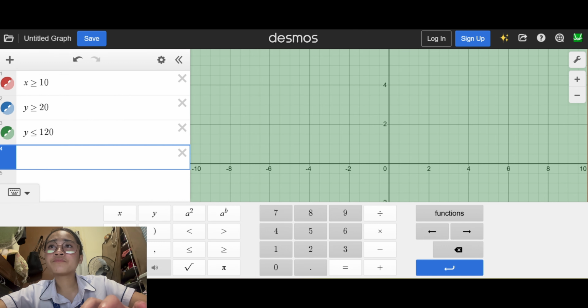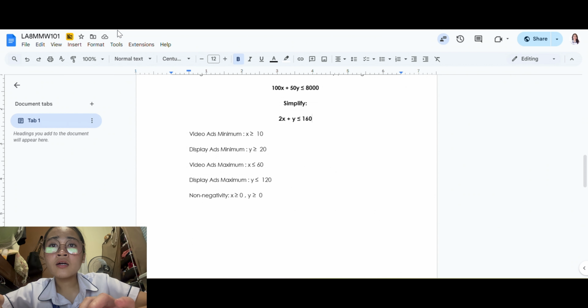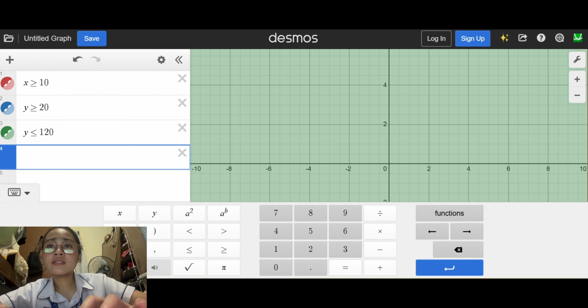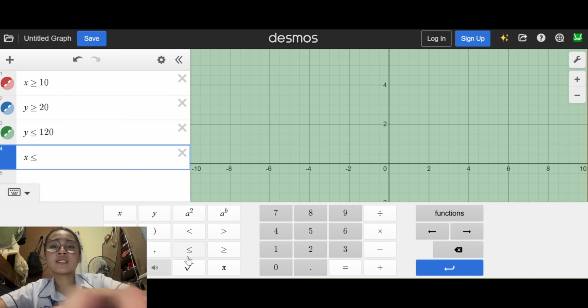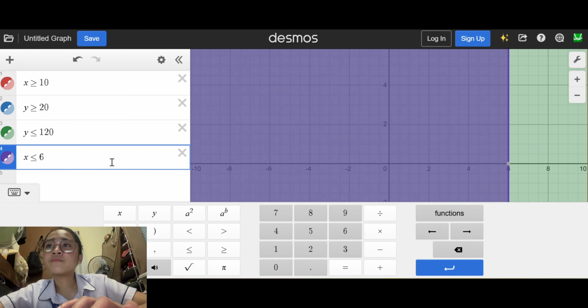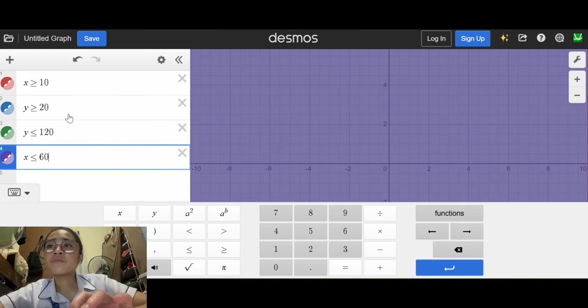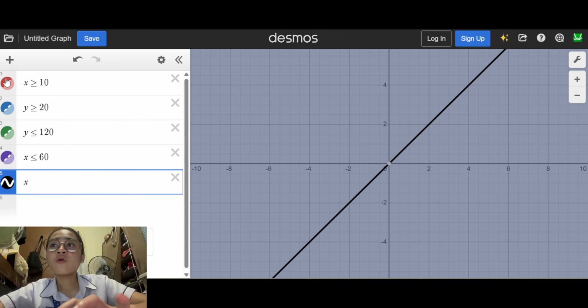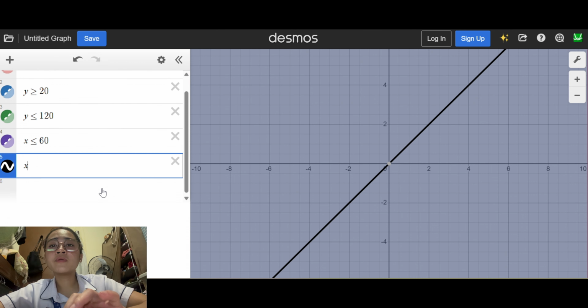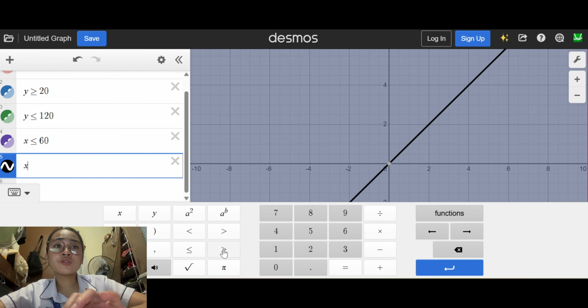while x is less than or equal to 60, where it should also include the non-negativity.